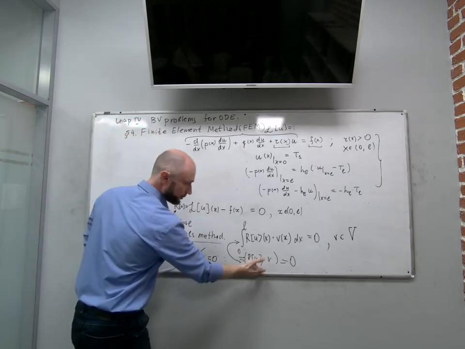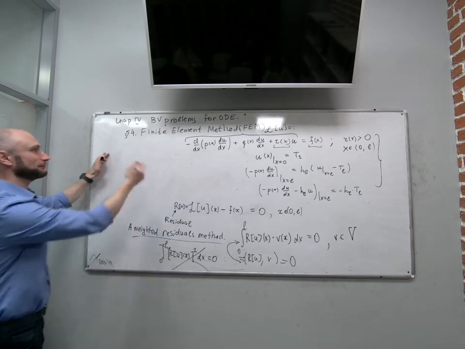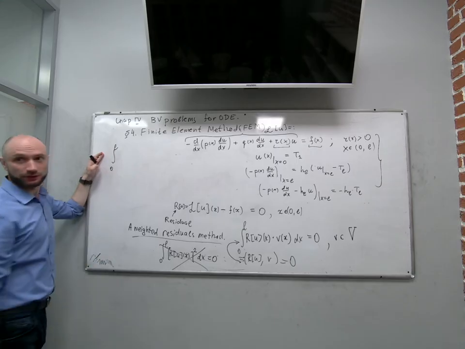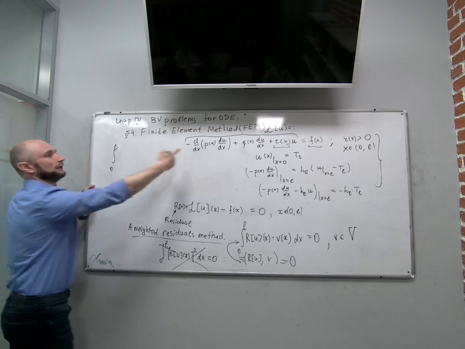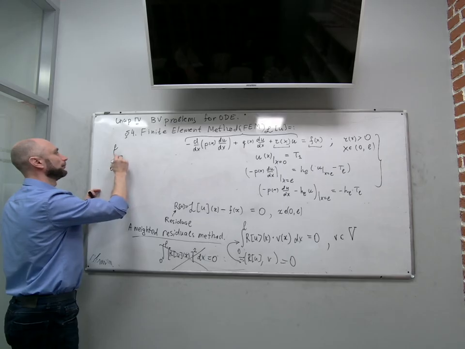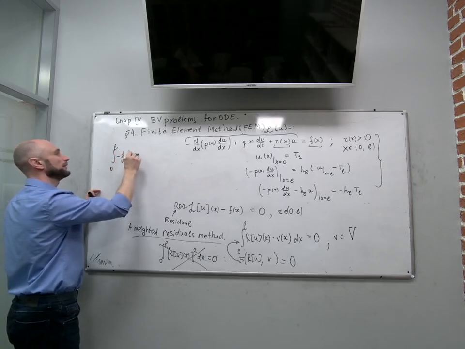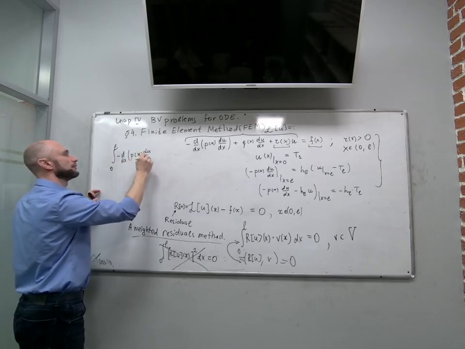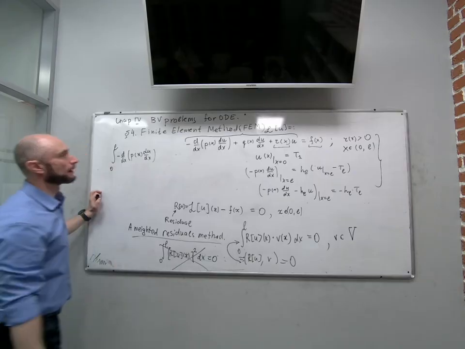So let's do this. We have an integral from 0 to L of this first term, minus d by dx of p of x du by dx.